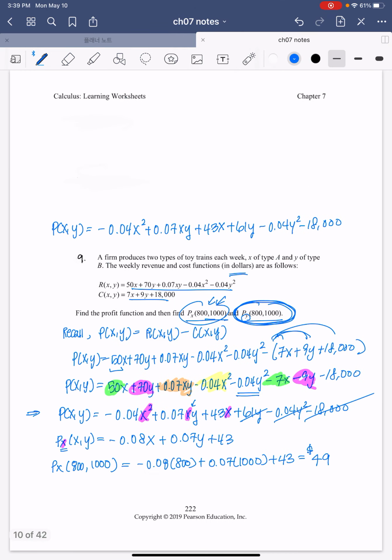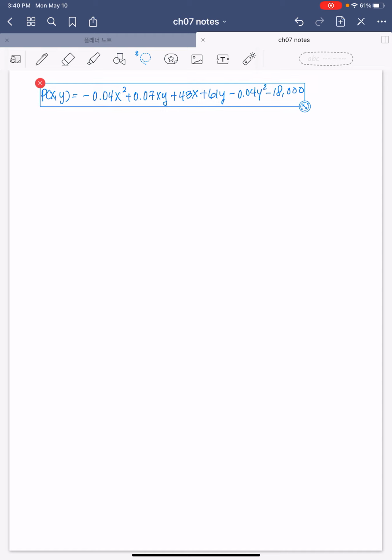So I'm going to copy, and then take derivative respect to y. So I will highlight all the terms that involve y.